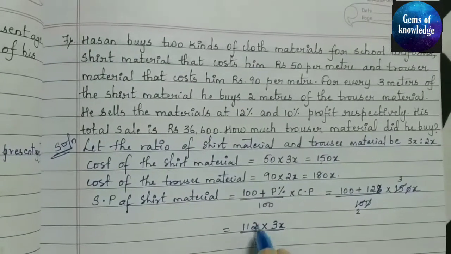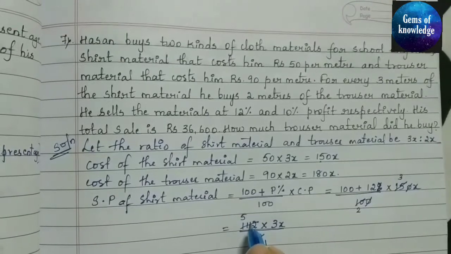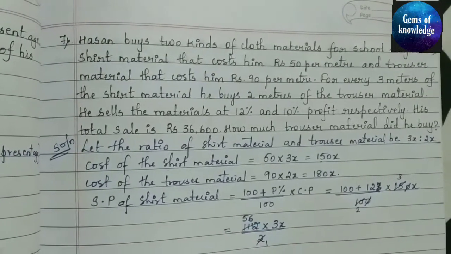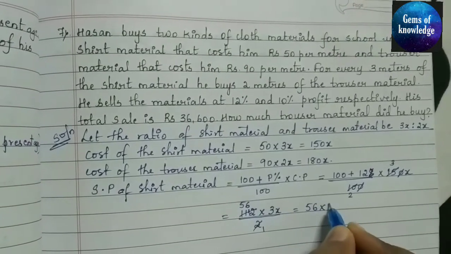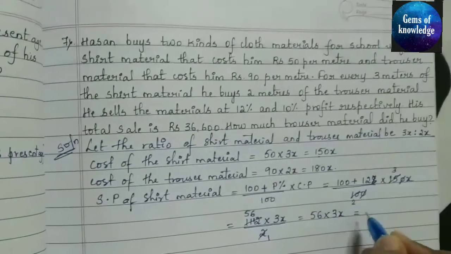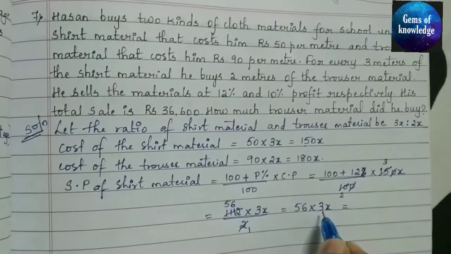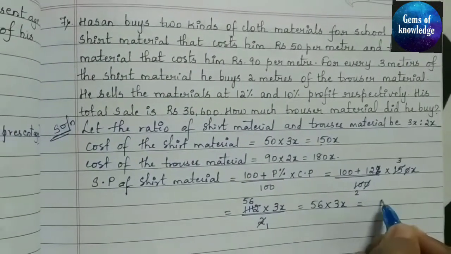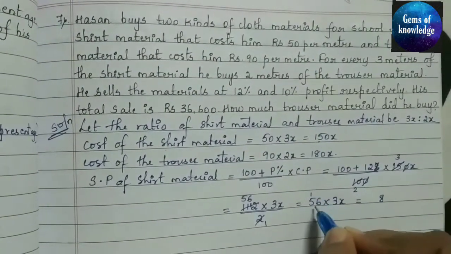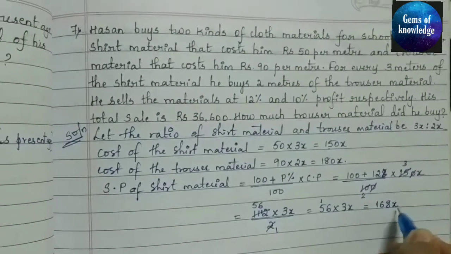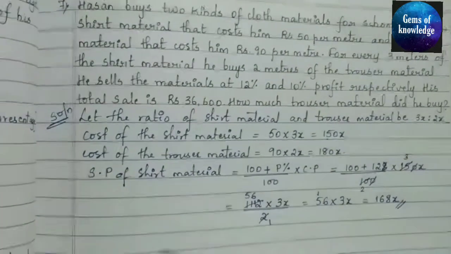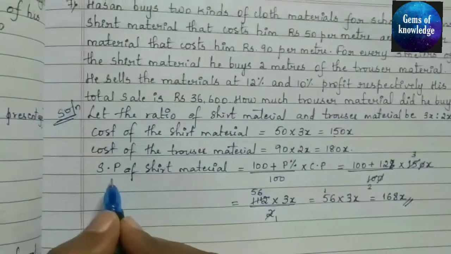Now 2 1s are 2, 2 5s are 10, 1 is carried, 2 6s are 12. So here we will get 56 into 3x. So let us multiply here 56 into 3. 3 6s are 18, 8 and 1 will be carried, 5 3s are 15 plus 1, 16. 168x we got. So this is the selling price of the shirt material.